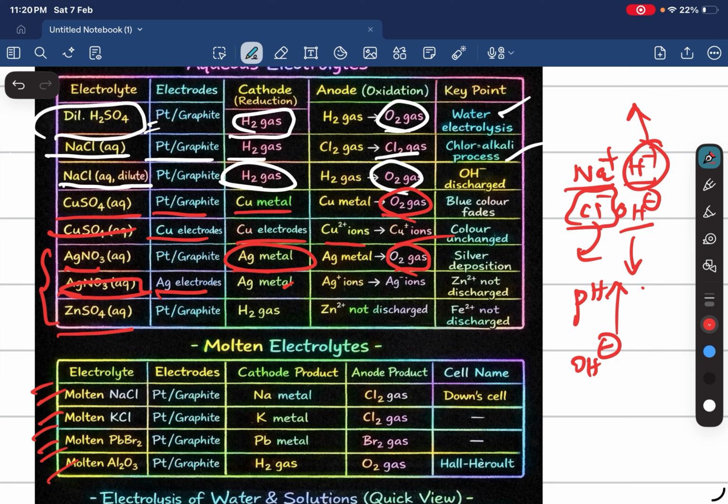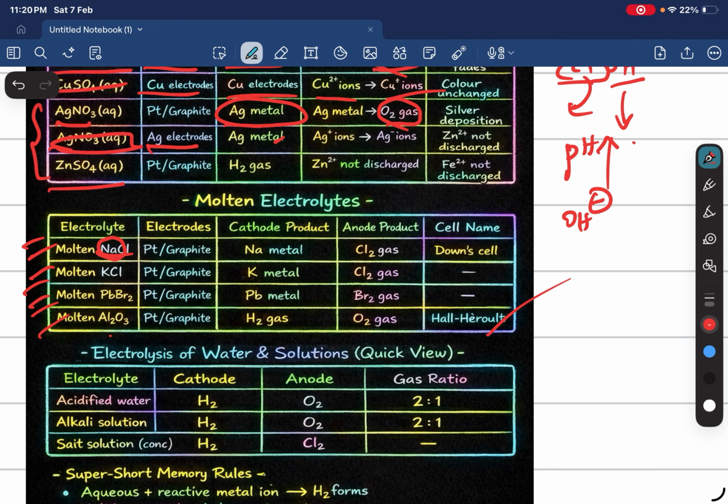So pure means only the respective ions deposit. Suppose NaCl you take: Na+ and Cl-; K+ and Cl-; Pb2+ and Br2 gas; Al2O3 gives Al and O2 gas, which is nothing but the Hall-Heroult process for Al from bauxite ore.